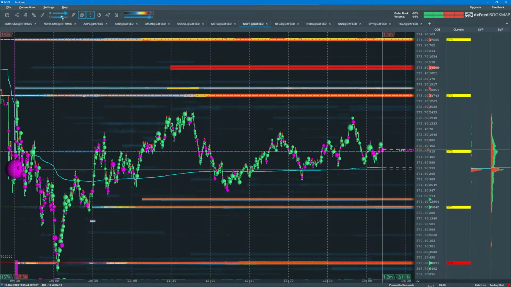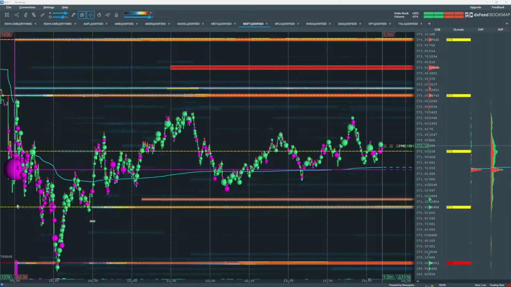All right, I'm going to bump up the volume dots just a little bit. Quite often with stocks, the opening print, there's so much volume at the open that it kind of dominates the volume for the entire session. Notice the volume profile right in the middle of that dot.